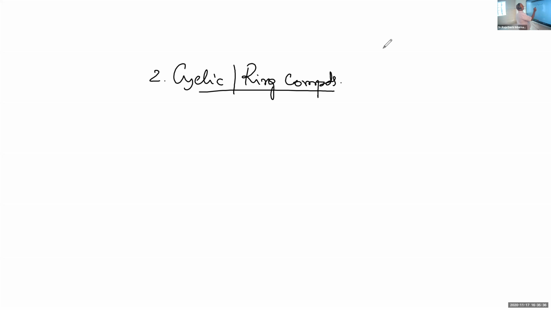See the structure like this: CH2, CH2, CH2, CH2. The carbon chain is closed, so it is a cyclic compound or a ring compound.